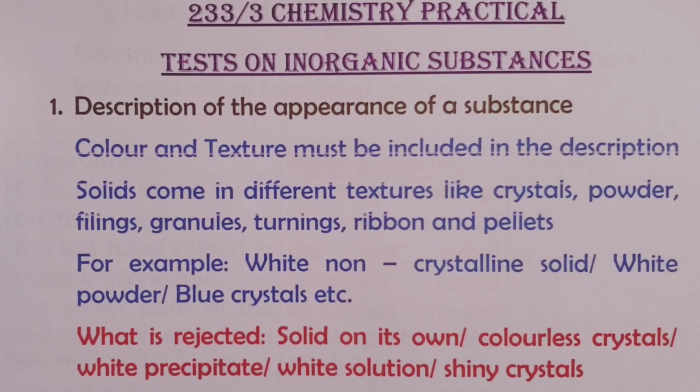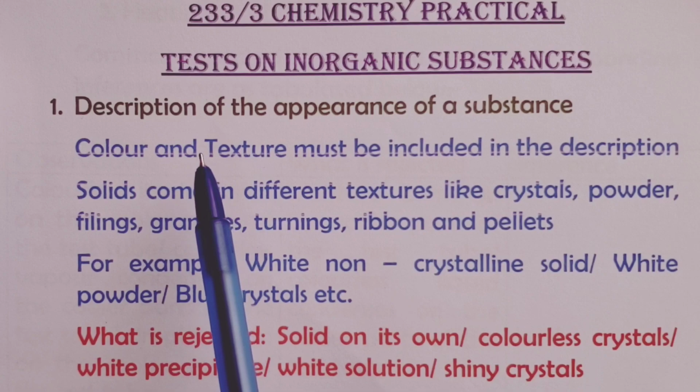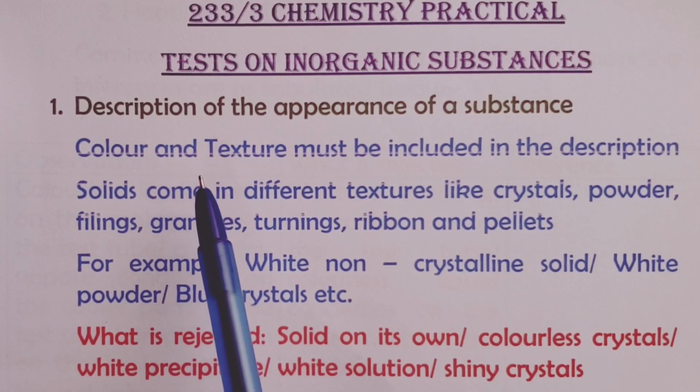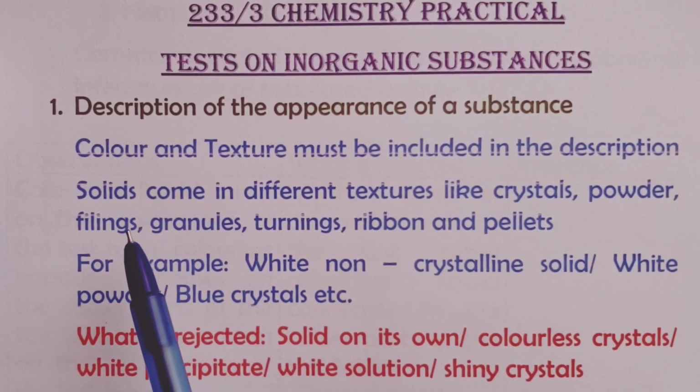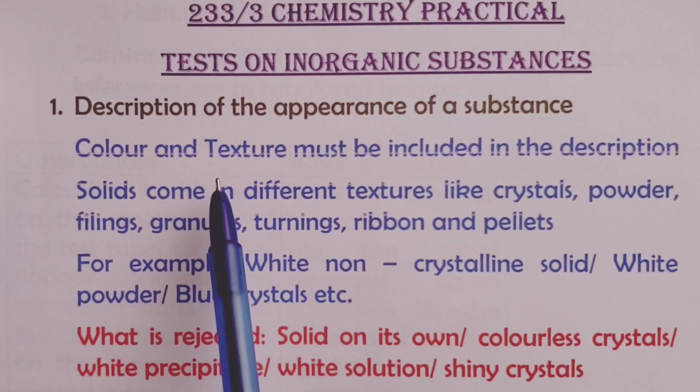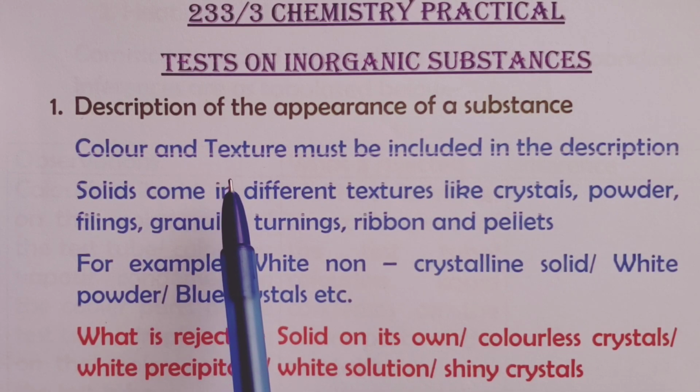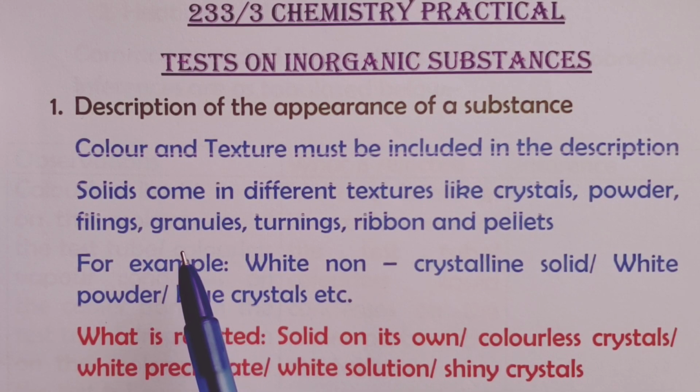We begin with questions that ask a candidate to describe the appearance of a substance, especially a solid. So in such cases, color and texture of the solid must be included in the description.